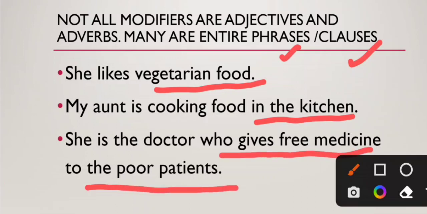Who gives free medicine to the poor patient? Relative clause. And here vegetarian food. What kind of food? Vegetarian food. Adjectival phrase we can say. Or we can say vegetarian food, noun phrase also. And in the kitchen, prepositional phrase.